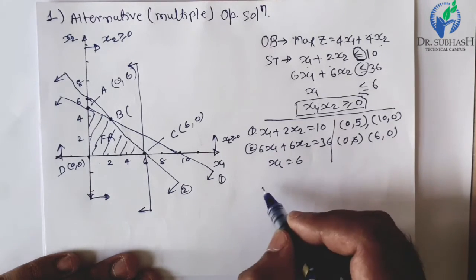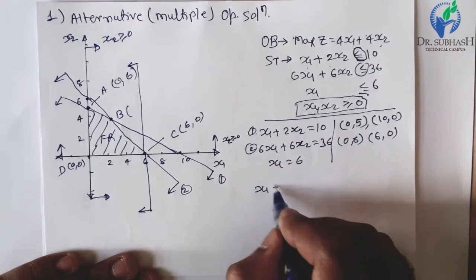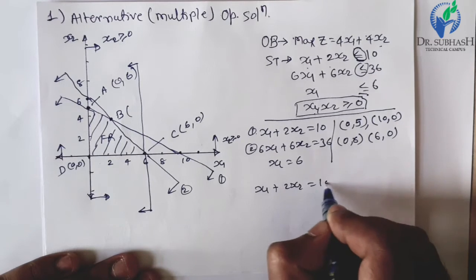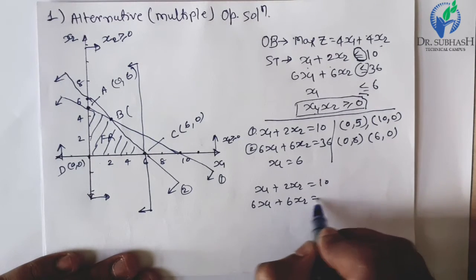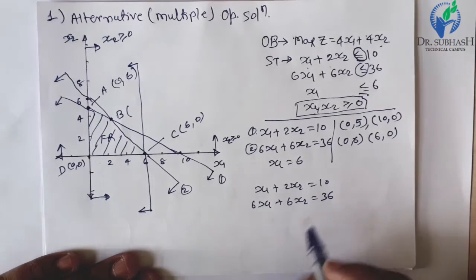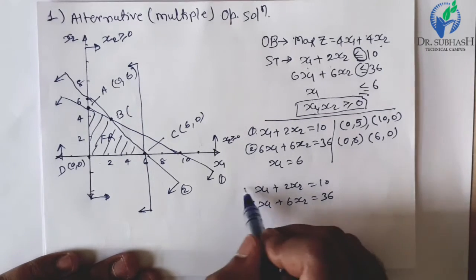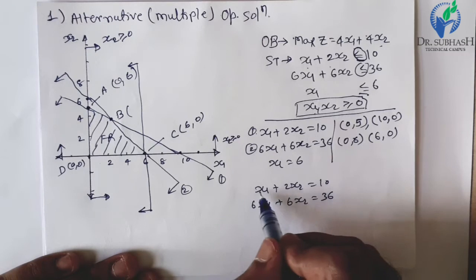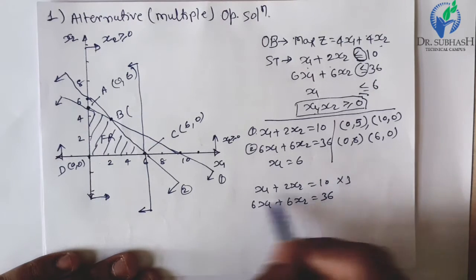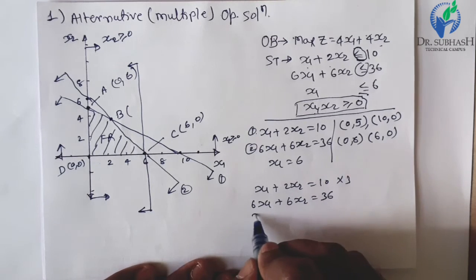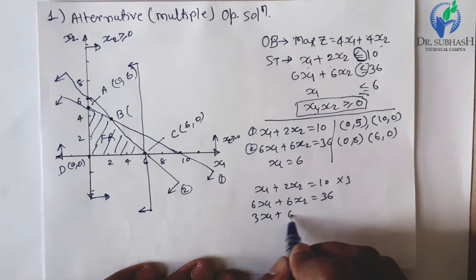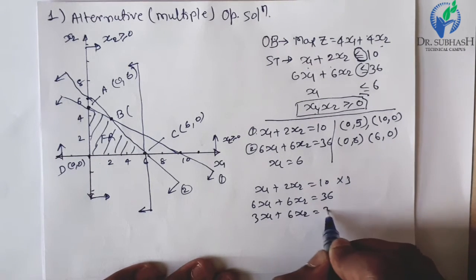Now, get the solution of both of these, say x1 plus 2x2 equal to 10 and 6x1 plus 6x2 equal to 36. Now, multiply the constraint number 1 with 3 and subtract it from equation number 2. Then we get 3x1 plus 6x2 equal to 30.